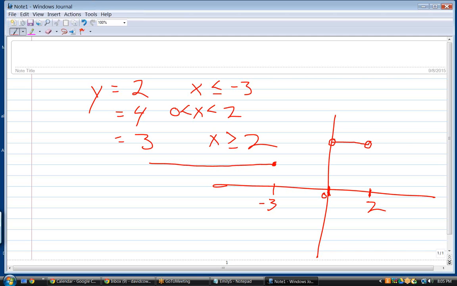And then finally, there's a third interval, x is greater than or equal to 2. Whenever that occurs, y is equal to 3, halfway in between 2 and 4. And that's a closed dot. So there's the graph.